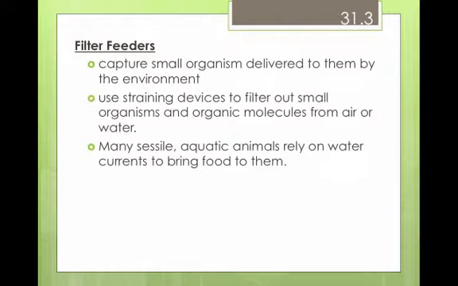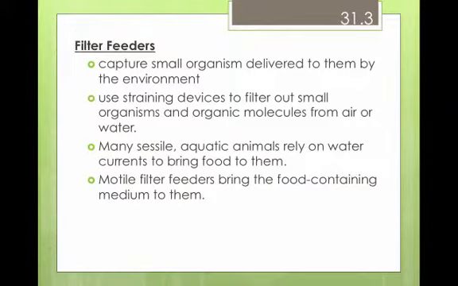But filter feeders don't have to be sessile. For example, I believe flamingos are also filter feeders. But there are aquatic animals that are sessile and rely on their environment to bring them food. Motile filter feeders bring the food-containing medium to them.